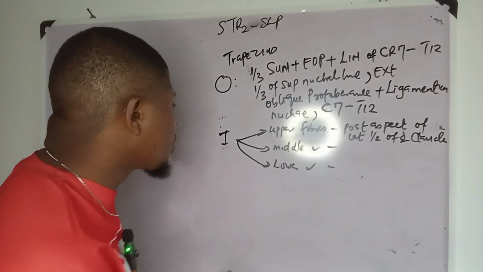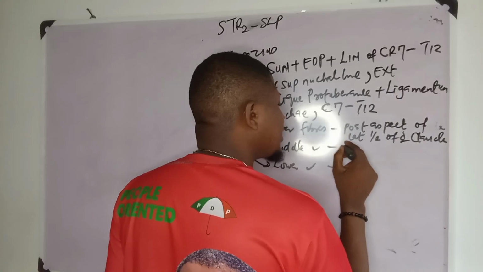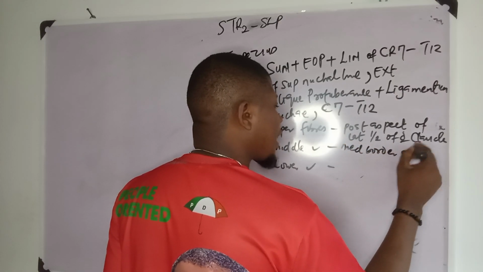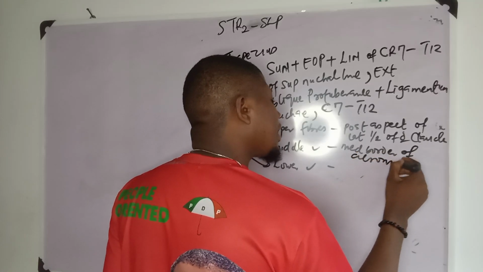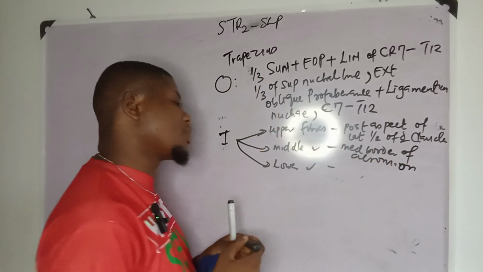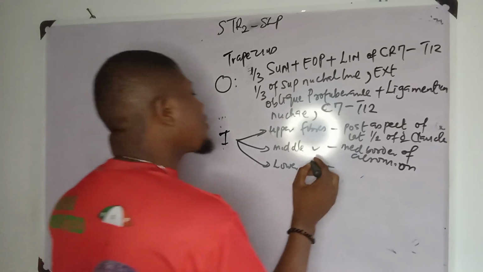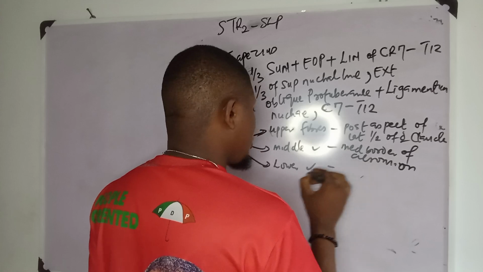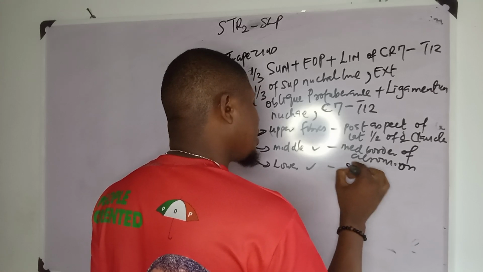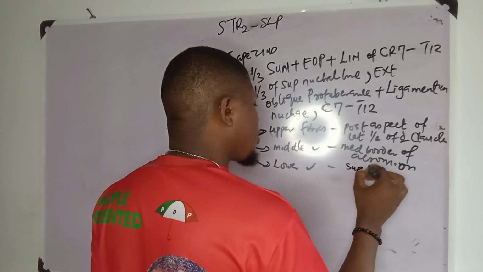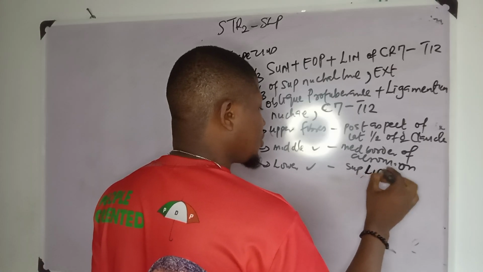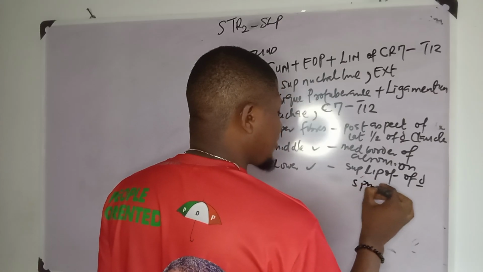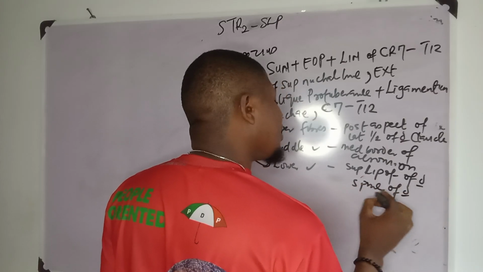So the middle fiber will insert at the medial border of the acromion, the acromion process. Then the lower fiber will insert at the superior lip of the spine of the scapula.